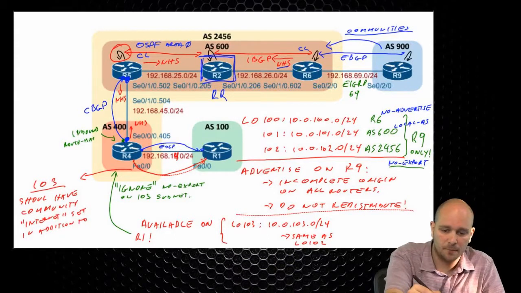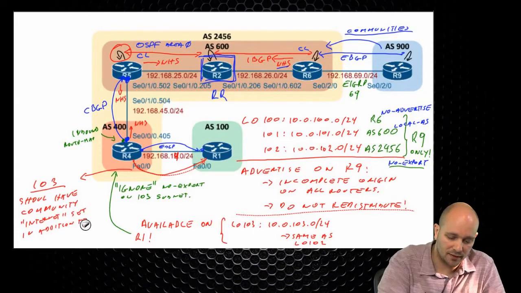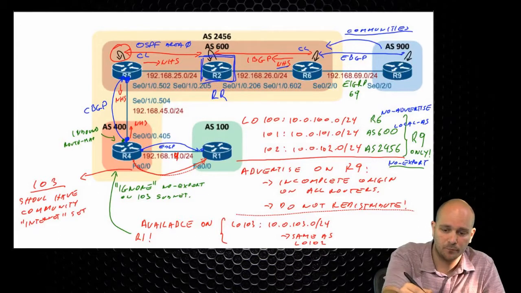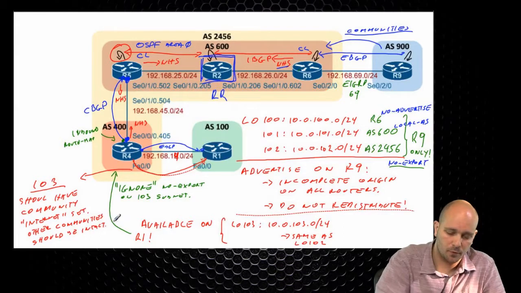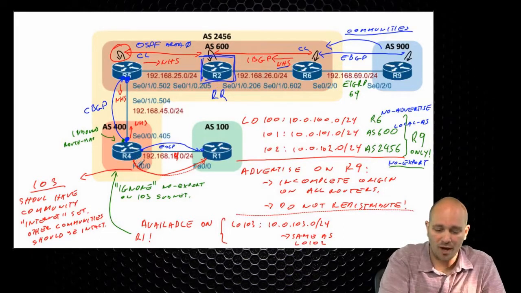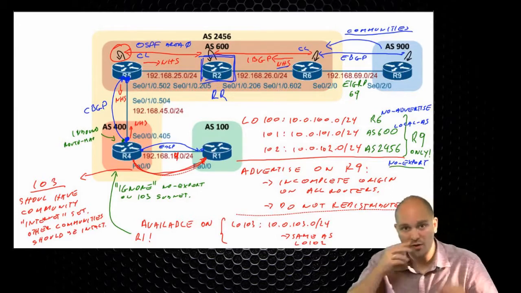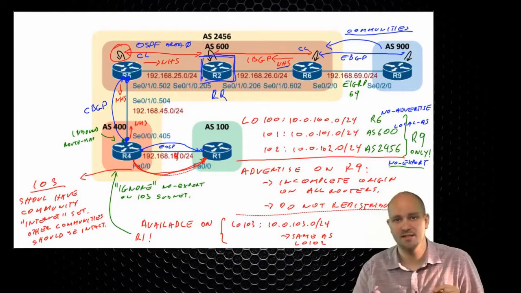Or let me reword that to make it a little bit more vague. Should have internet community set, other communities should be intact. Okay, so now I want to create a route map towards R1, and this one route should have this community set.